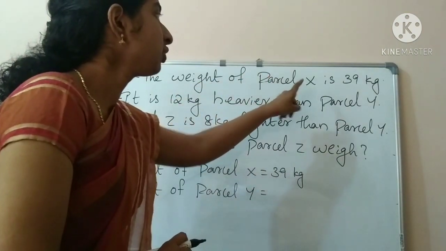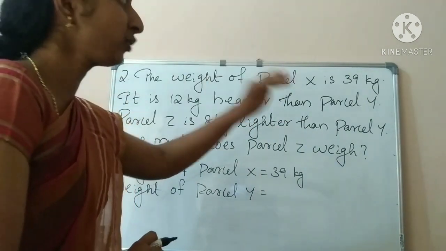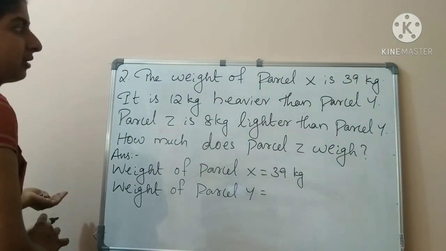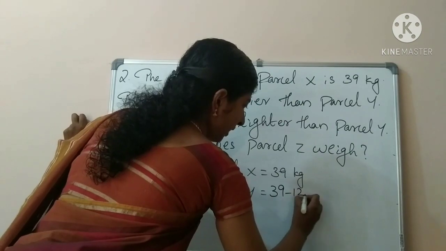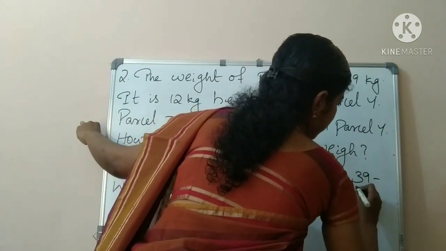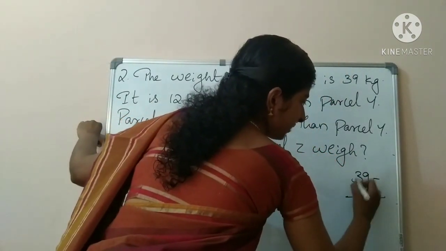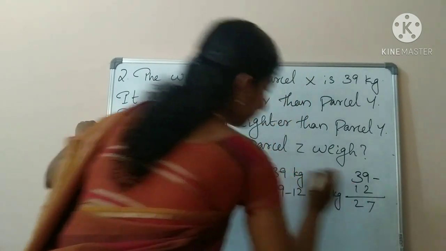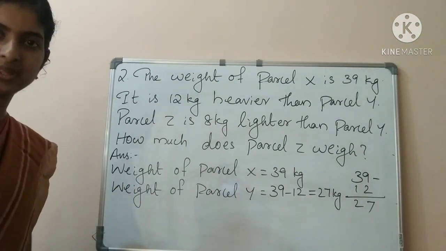The X is 12 kilogram heavier than parcel Y. Comparing to this Y, X is 12 kilogram heavier. So, 39 minus 12. 9 minus 2, 7. 3 minus 1, 2. 27 kg. So, weight of parcel Y is equal to 27 kg.